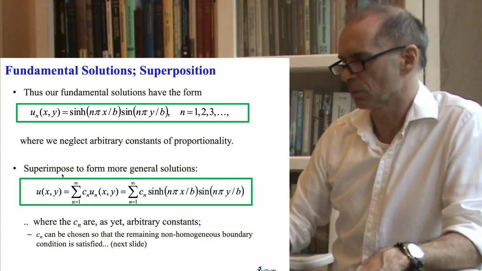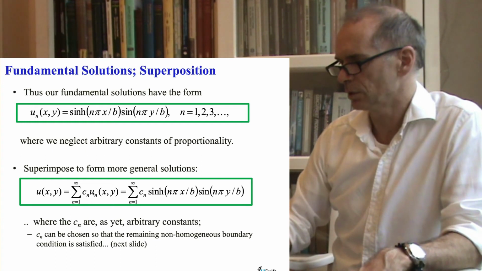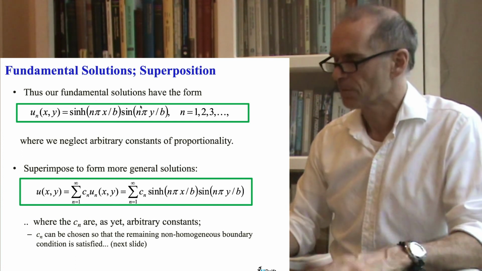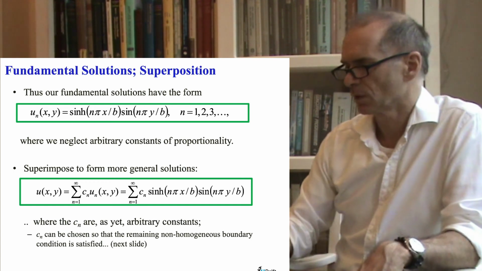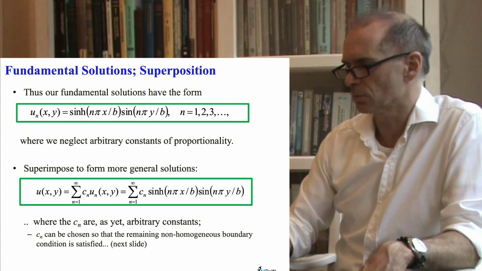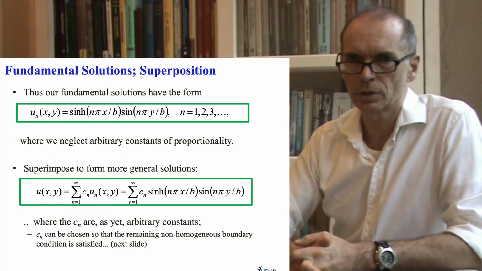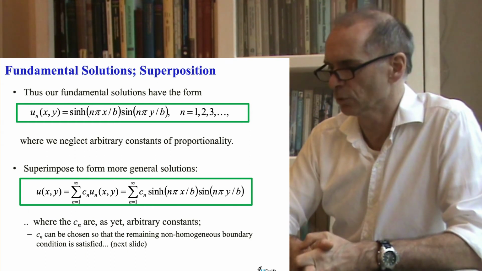So again, we form a linear superposition of all these fundamental solutions, each with their own weight coefficients, and that is then the most general solution that we can form from these fundamental solutions. And so we have again these arbitrary constants in the summation, that you can still adjust and use to match boundary condition number 4, the non-homogeneous one.